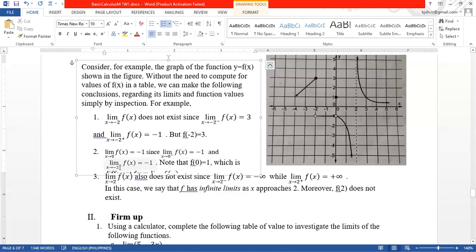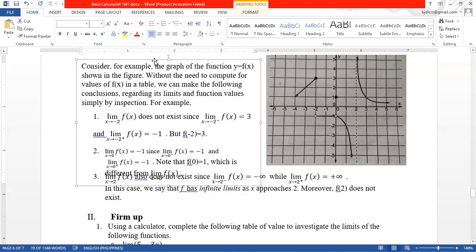There. So x approaches to 0. Positive. Oh my god.